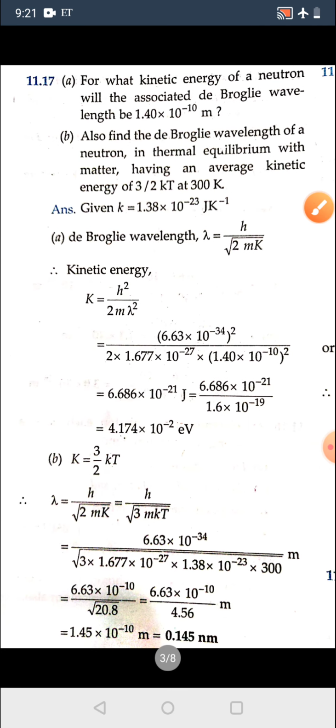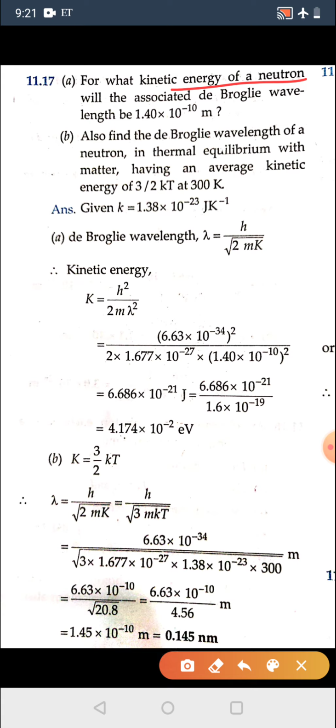Then in question number 17, for what kinetic energy of a neutron will it be associated with the de Broglie wavelength of this much? So here we are given a neutron. First of all, we can say that the de Broglie wavelength lambda is equal to h upon under root 2mK. Why?